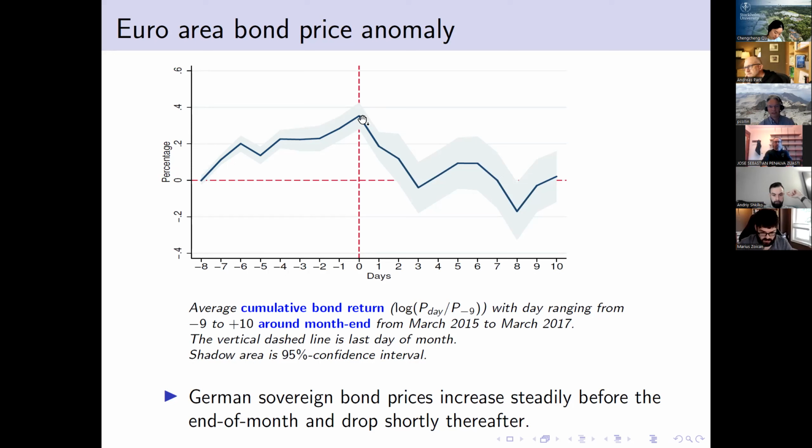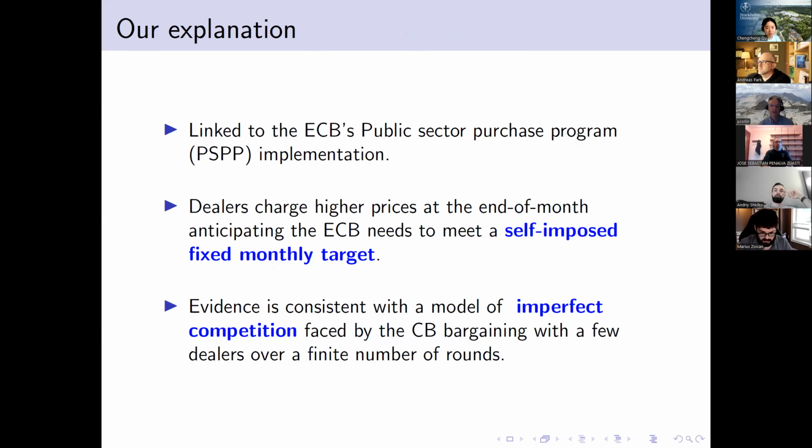In a market which may not be perfectly competitive, with dealers providing quotes, the market power of dealers increases as we approach month end, which may lead to a pattern like this. This is a very quick summary of where I hope to get you.